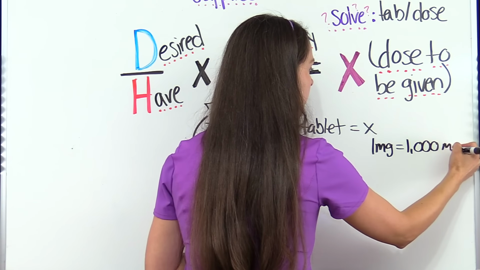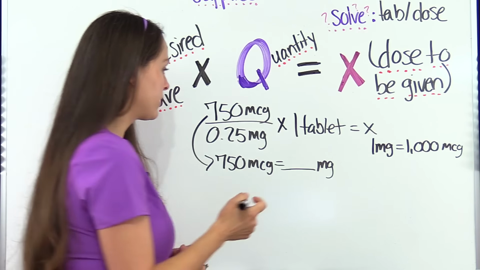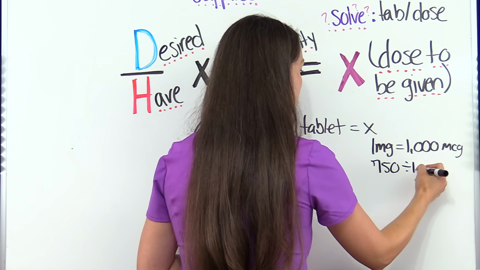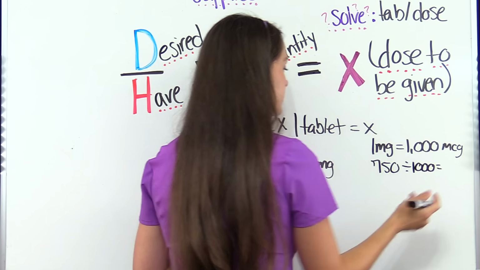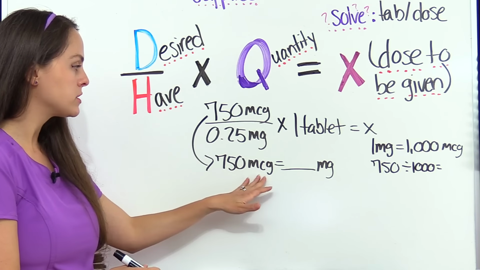So there's one of two ways you can do this. It depends on what you like to do. We can take 750 and divide by 1,000. Now the reason we're dividing is because we are going from a smaller unit, which is micrograms, hence micro, to a larger one, which is milligrams. So this time we're going to divide by 1,000.